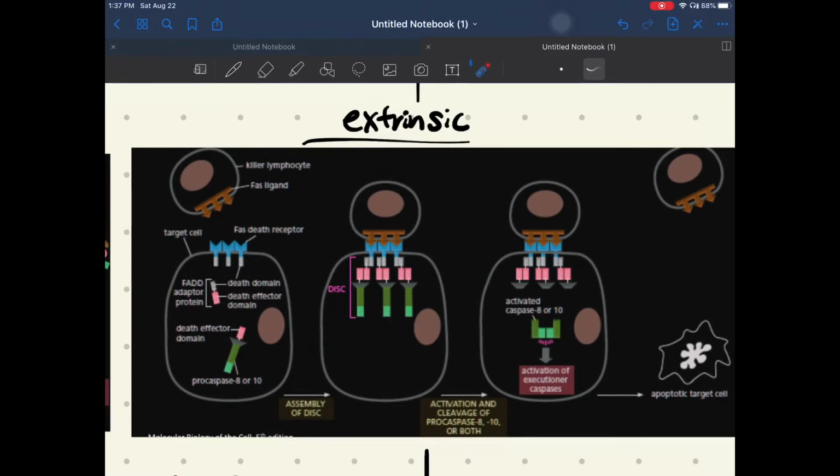So now for your extrinsic pathway, this is a little bit different. In the extrinsic pathway, it's actually extracellular. So you have something that's coming from outside of the cell, and it's binding to your cellular receptors on your cell.